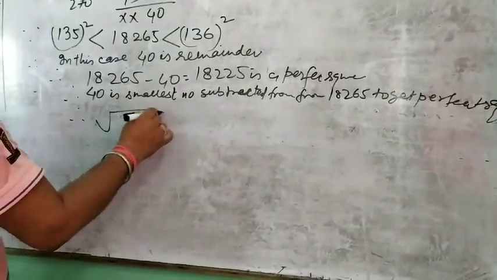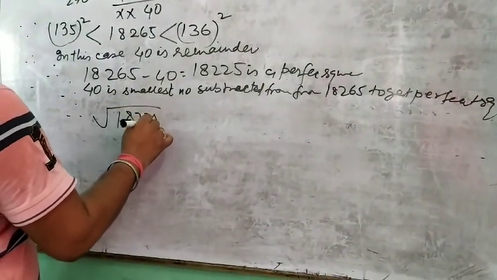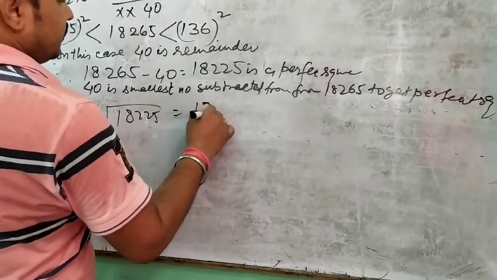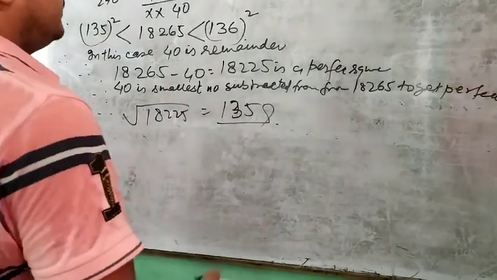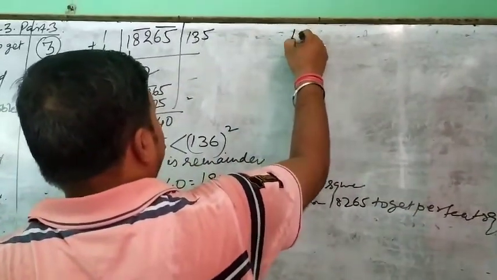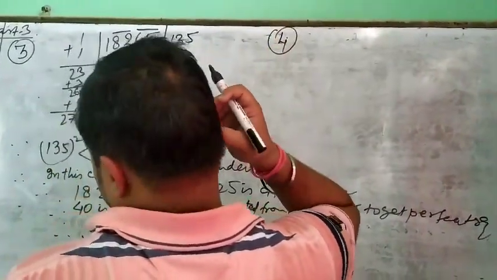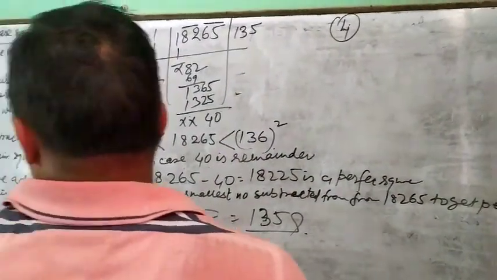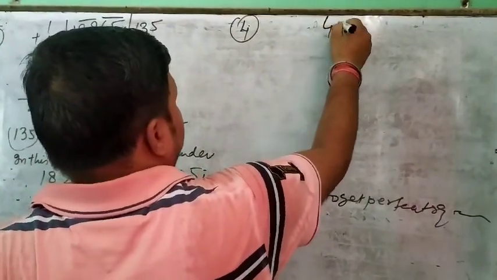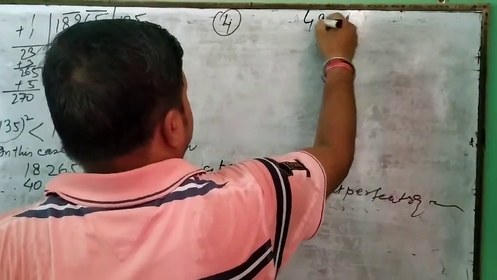So the square root of 18225 is equal to 135. Same, question number 4. On the basis of this, what should be added to 4931?